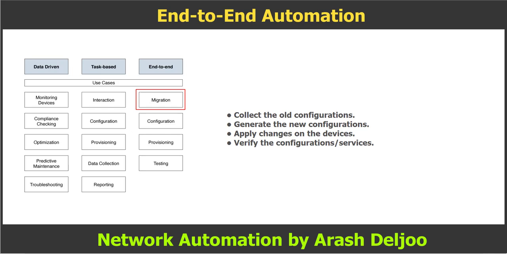You could automate steps of this process, and in fact, you have already seen examples of automating these steps. First, collect the old configuration. Second, generate the new configuration. Third, apply the change on the devices. And fourth, verify the configuration or services. Remember that migrations are often tense and prone to errors.